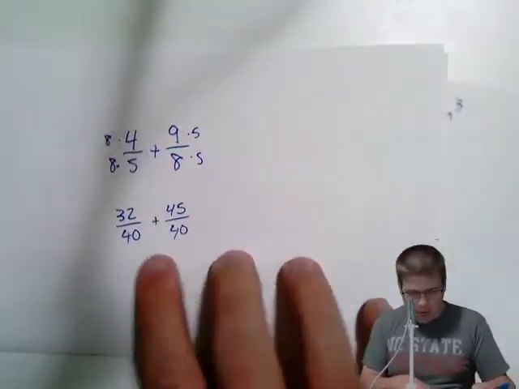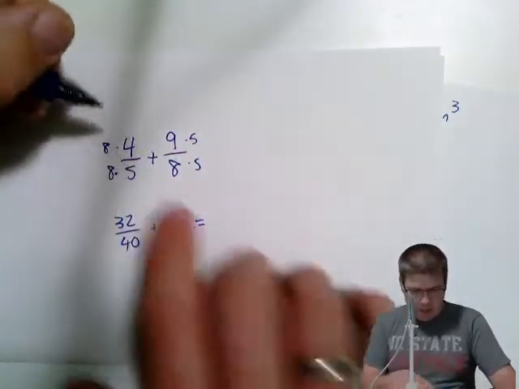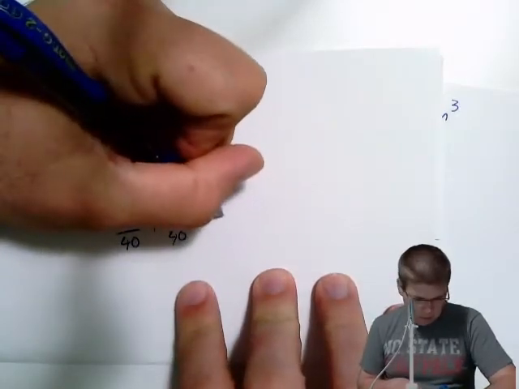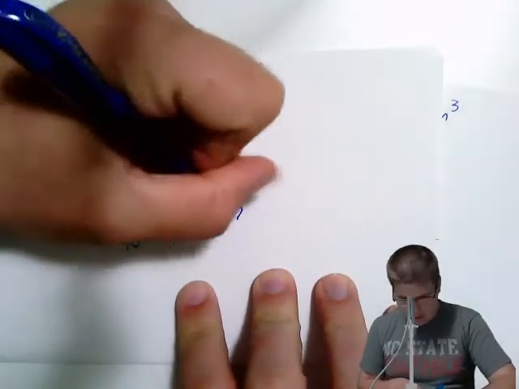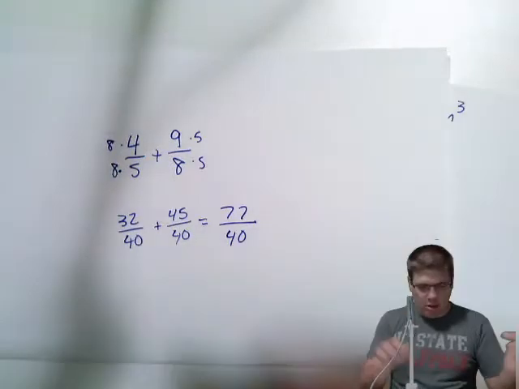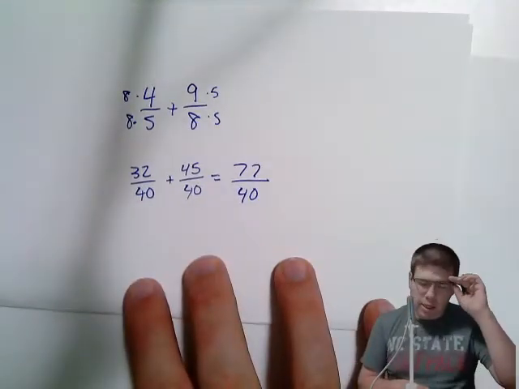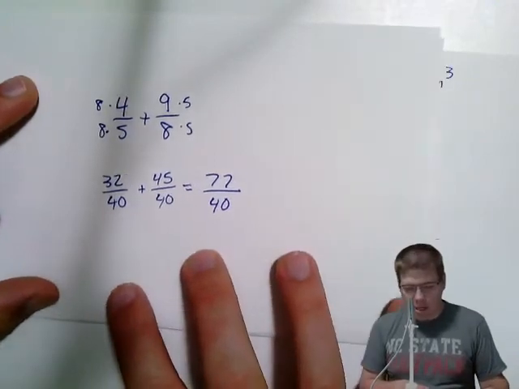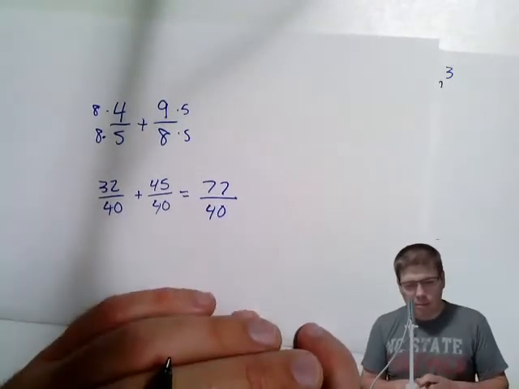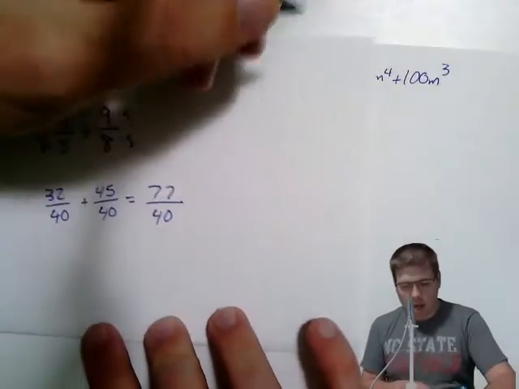And then I could go ahead and add those two numbers, and I'd get 77/40ths. All right, so that's what 4/5 and 9/8 adds to be. But in other instances, there might be some other common multiple that you can have between numbers.